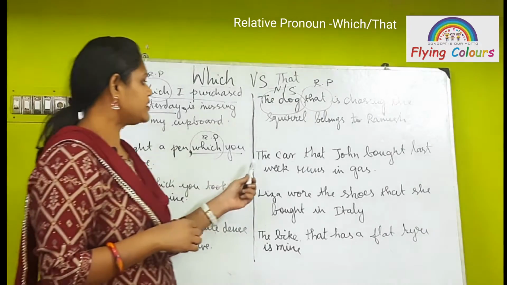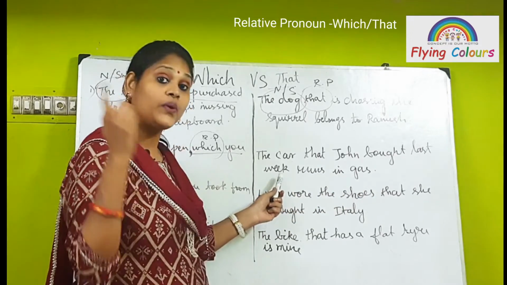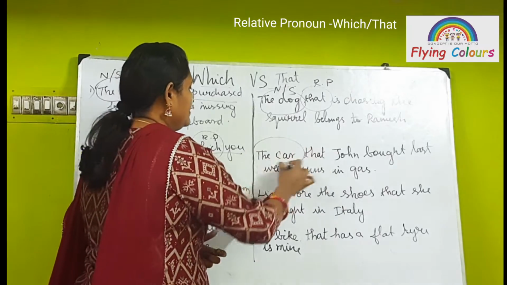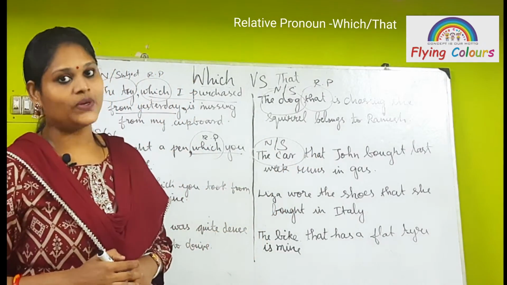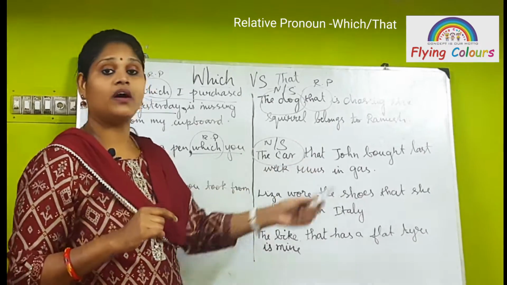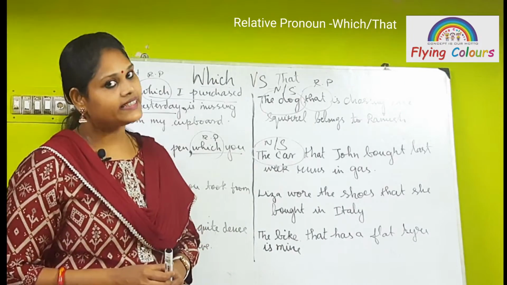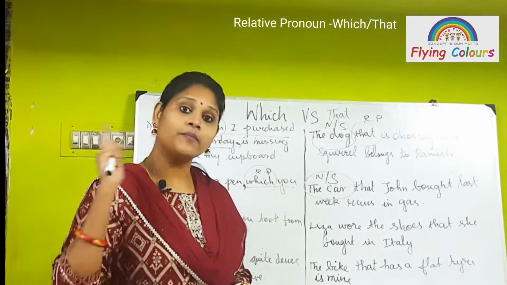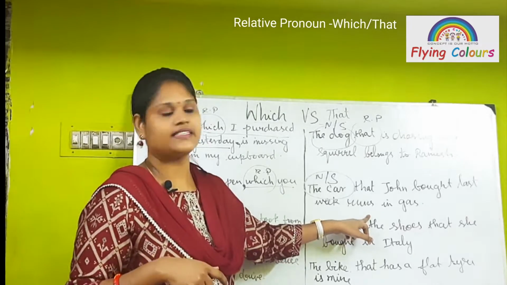Then coming to this: The car that John bought last week runs on gas. Here car is the noun as well as the subject. The particular car John bought last week runs on gas. We are talking about the particular car he bought last week that runs on gas.